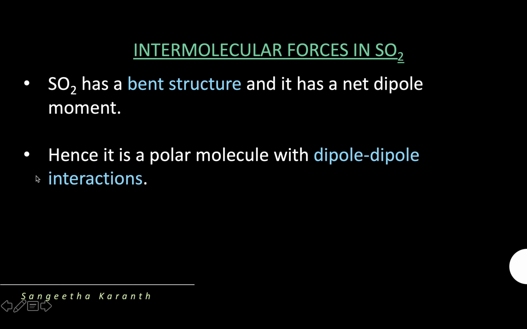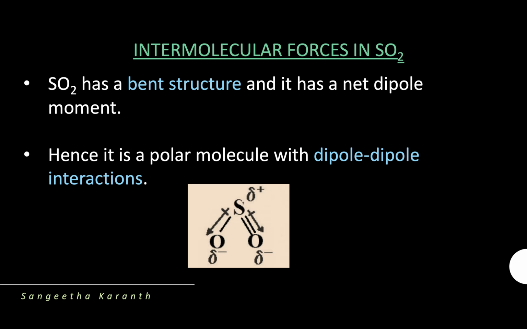Coming on to the last example, that is intermolecular forces in SO2. You know the structure of sulfur dioxide. It has a bent structure. If you compare sulfur and oxygen, oxygen is more electronegative, so the dipole moment will be towards oxygen. So the overall SO2 molecule has a net dipole moment.